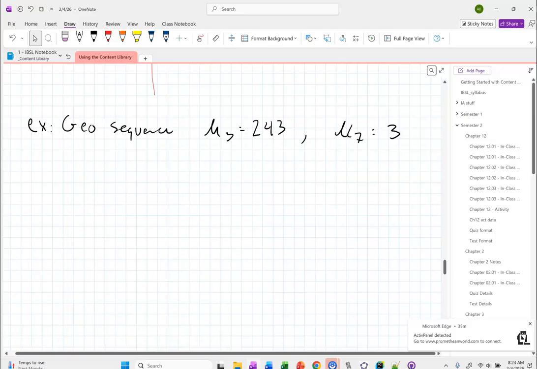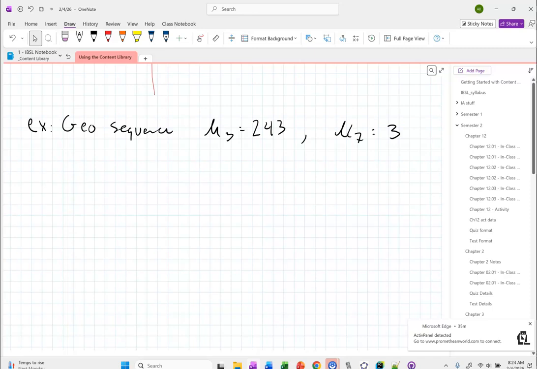So similar type question, it says here we have the geometric sequence whose third term is 243 and its seventh term is 3. We want to write the explicit and recursive sequences. So r is not related to slope here. I have to remember I'm dealing with an exponential function.